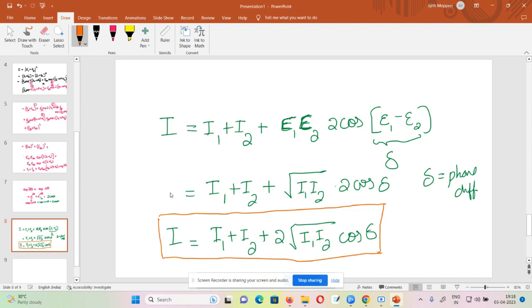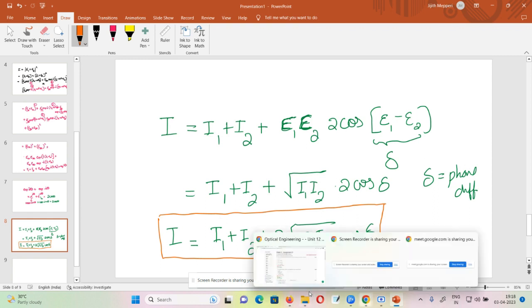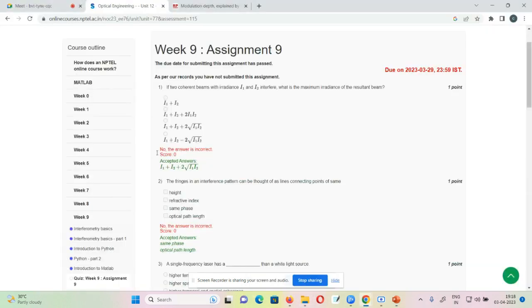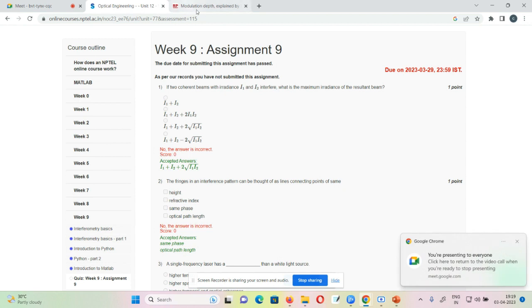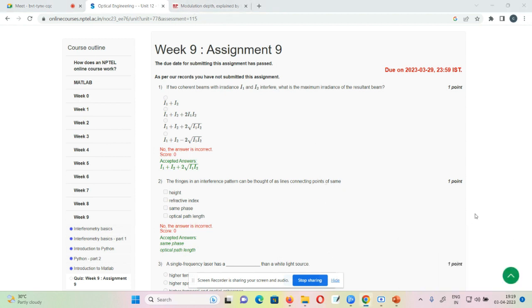And if you want a maximum value, what is the maximum value of cos theta? Anybody can tell? 1. Yeah. At what point?